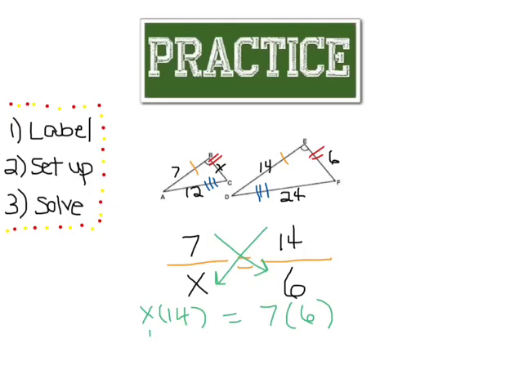So I multiply and I get 14x equals 42. Now I need to isolate my variable, so I got to get rid of the 14 with the x. Do the same thing to the other side, and I get x equals 3.